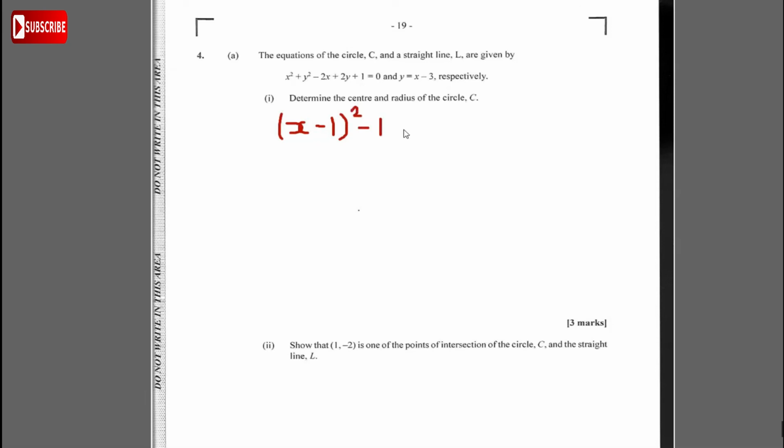Completing the square of the y terms, we're going to get y squared plus 2y, so you half it. So you're getting y plus 1 squared, and you subtract back 1 squared, and that's equal to 0. Then you put it in its standard form now, so you're going to get x minus 1 squared plus y plus 1 squared.